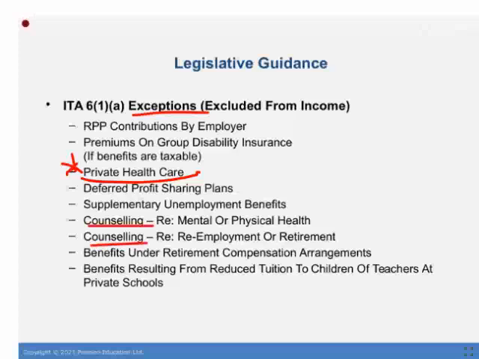There are other types of insurance that an employer may pay for that would be taxable, most notably life insurance. So if an employer pays for your life insurance, that would be a taxable benefit.